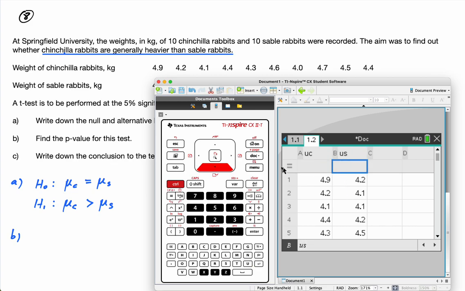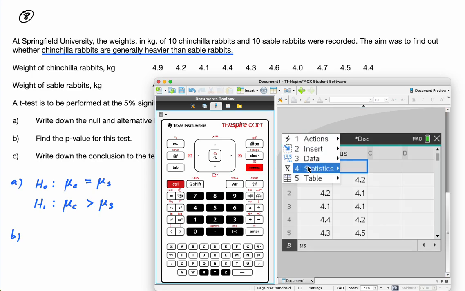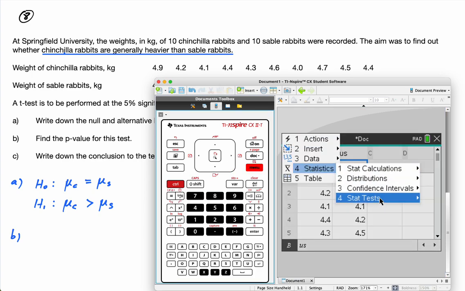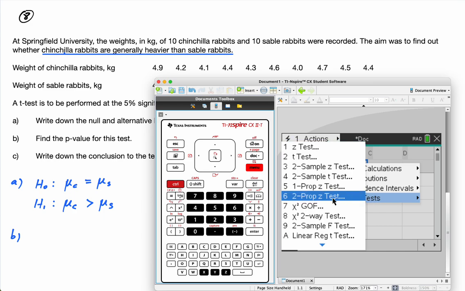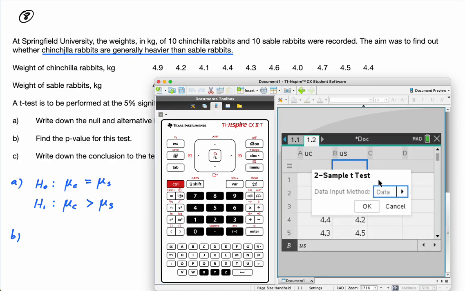Then we go menu, statistics, stat tests, and we want a 2-sample t-test, because we've got 2 samples and we're running a t-test. The data input method is data, because we're putting in the data. If you had the mean and the variance or whatever, you'd use stats, but we have the data.